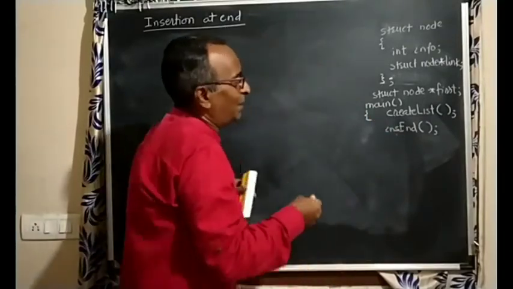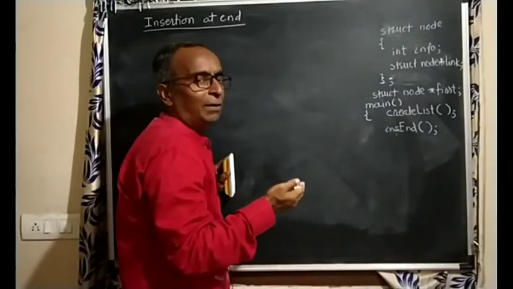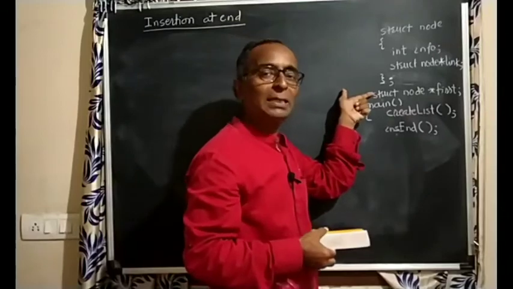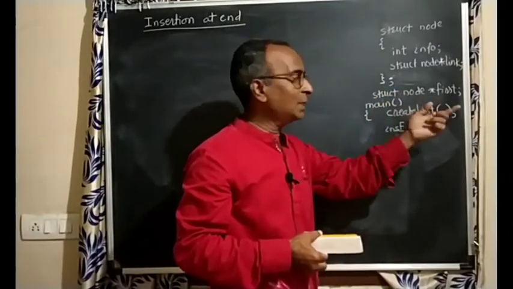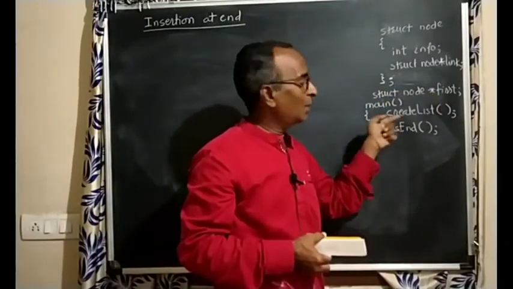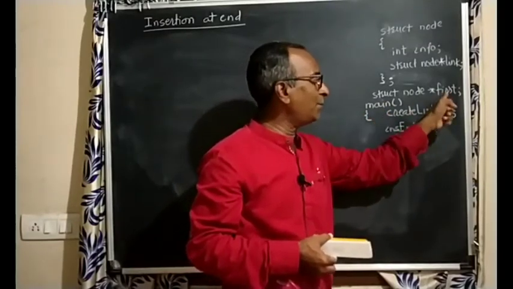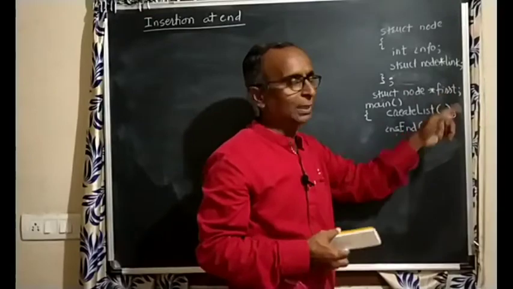Now in this scenario, how to write? Now see, insert end, which list? Globally it is available. Wherever this first is pointing, wherever create list creates the linked list, it will set the first node's address.